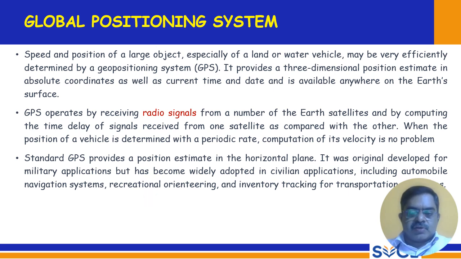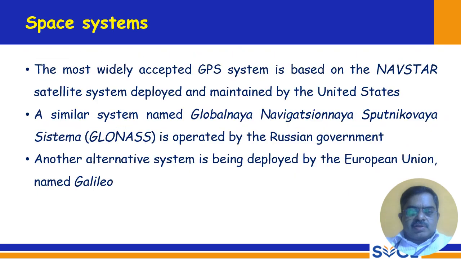Nowadays we have GPS in our mobile itself, so very easily we can track the position of any mobile number. Many developments have taken place in GPS. Space systems: the most widely accepted GPS system is based on the Nav-Star satellite system deployed and maintained by the United States.